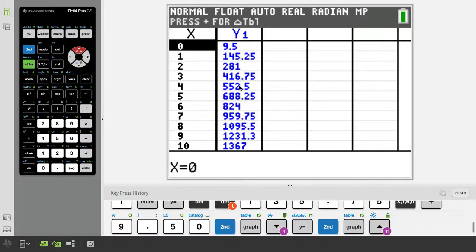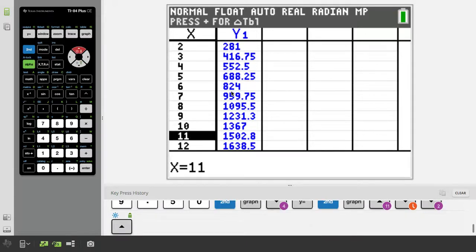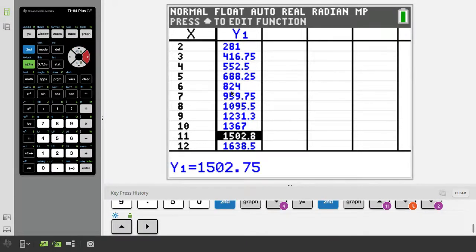So that means, for example, if I didn't have a calculator and I plugged in my S value for 11 and I got this 1502.8 and I wanted to get 12, 13, 14, 15, 16, I don't necessarily have to plug them all in again. I can just keep adding 135.75 every time.